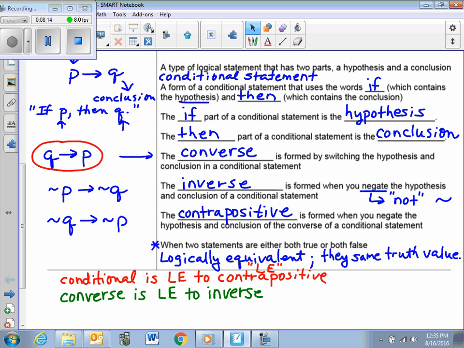Those two aren't necessarily logically equivalent, but the inverse of that statement would be if it is not sunny this afternoon, then I will not go to the pool, and that would be logically equivalent to the converse. All right, very important things here that you have to remember.